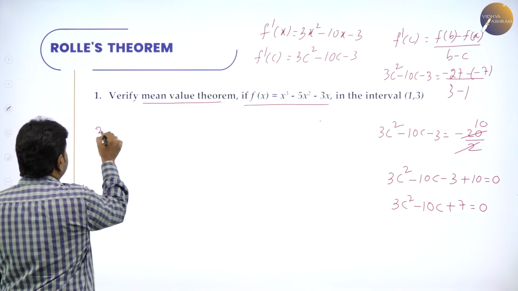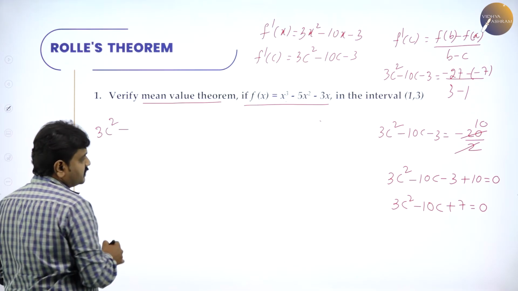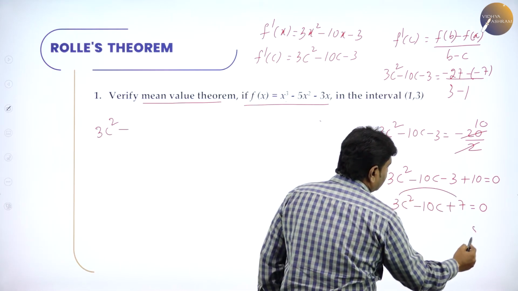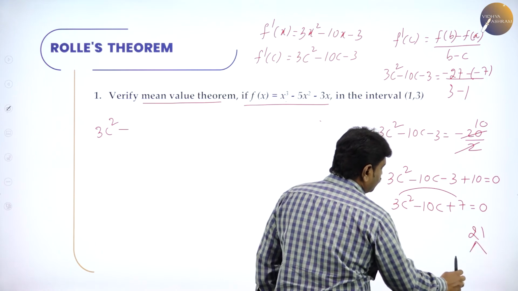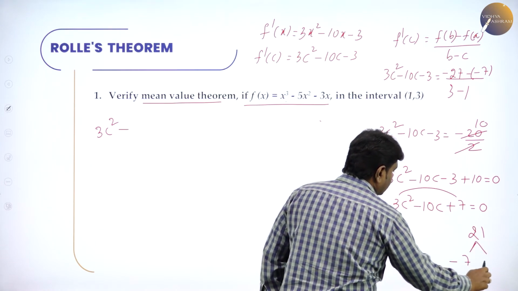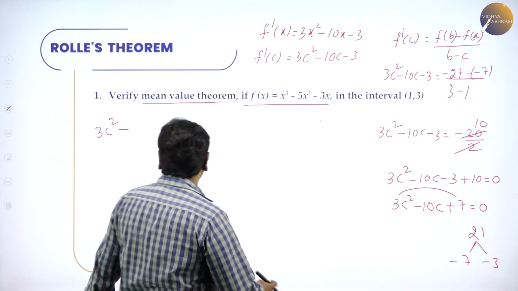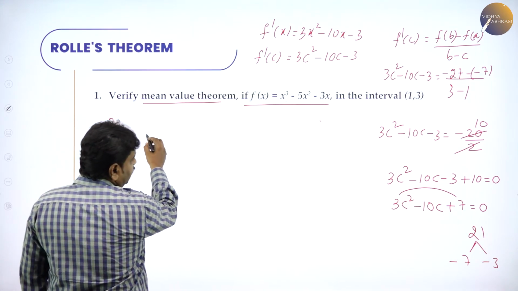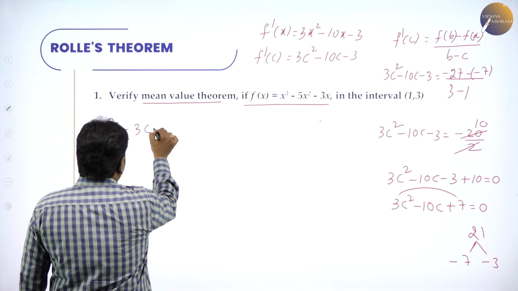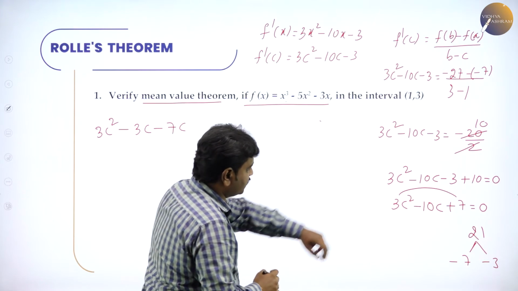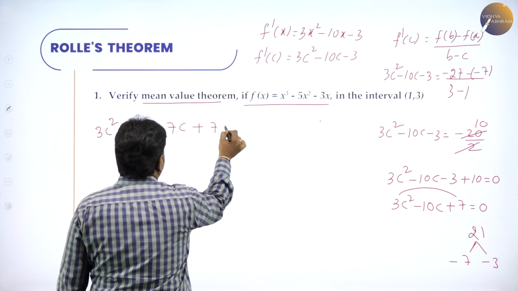So solve this. 3c square minus, so what are the factors for 7 into 3 if you do? 21. What are the factors for 21? That gives you minus 10, minus 7, minus 3 I can take. If I multiply, I'll get plus 21. If I add, I'll get minus 10. See, do middle term factorization. So I can write 3c square minus 3c minus 7c plus 7 equal to 0.